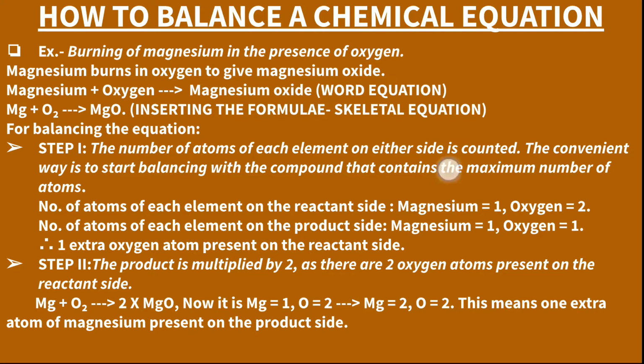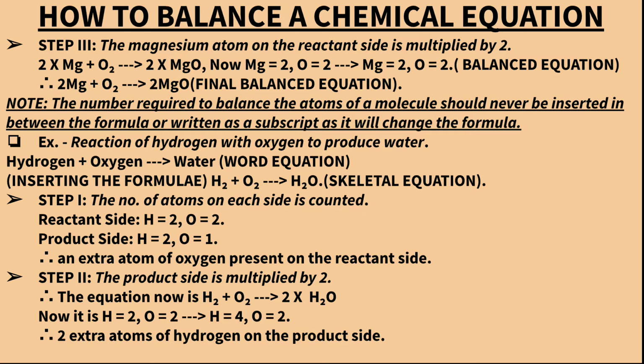Now in step 3, what happens? The magnesium atom on the reactant side is multiplied by 2. There was one deficient atom on the reactant side, so we multiply the magnesium atom on the reactant side by 2. So it will come like this: 2 into Mg plus O2 will give us 2 into MgO.